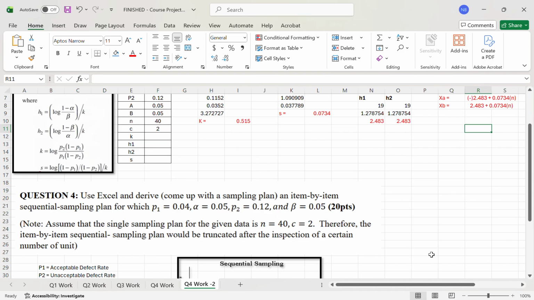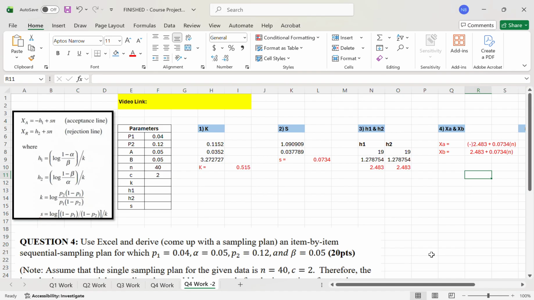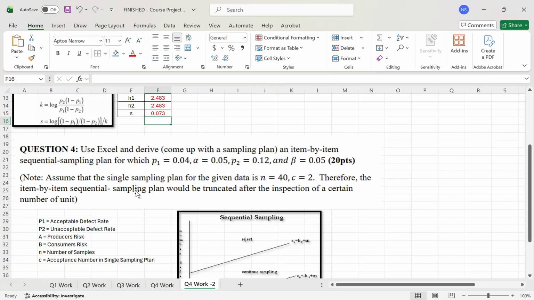Well, according to my research, whenever you are having a sequential sampling plan, it is a good rule of thumb that the truncation value for your item by item sequential sampling plan will be 3 times the value of the truncation number for a single sampling plan. So for our corresponding single sampling plan, the truncation value is 40.